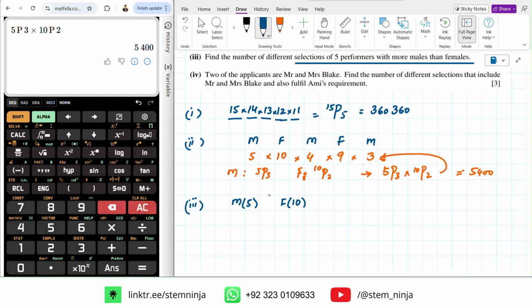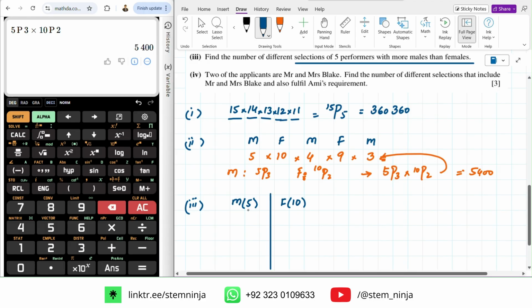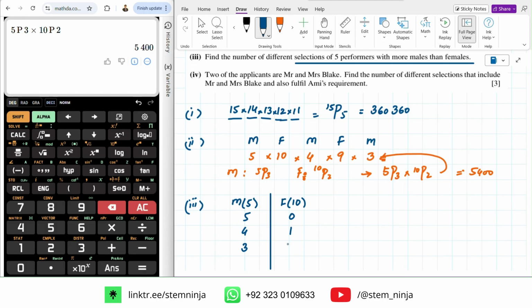Since there is no condition that at least 1 female has to be there, we can have 5 males, 0 females, 4 males, 1 female, 3 males, 2 females, and if we continue with 2 and 2, they will become equal, and that's not what we want. We need more than that.